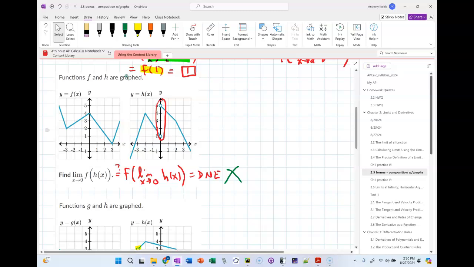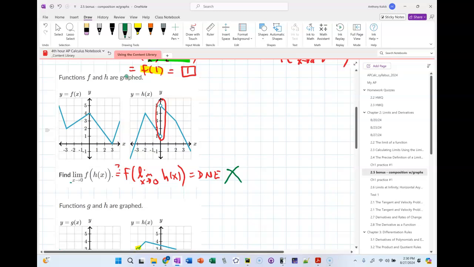So when I push the limit inside and I get does not exist, that doesn't necessarily say that the whole limit doesn't exist. Because here's why. This is tricky, so dial in, okay?